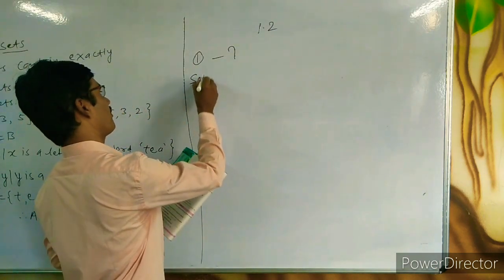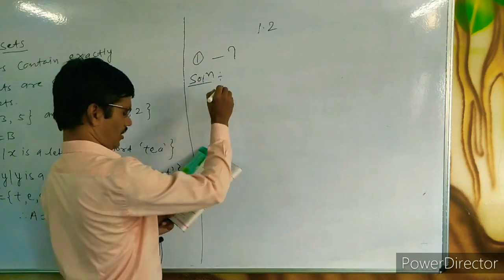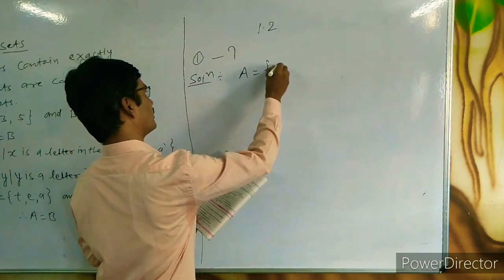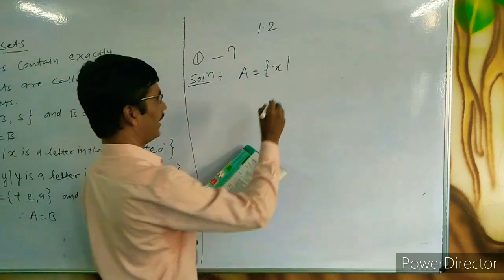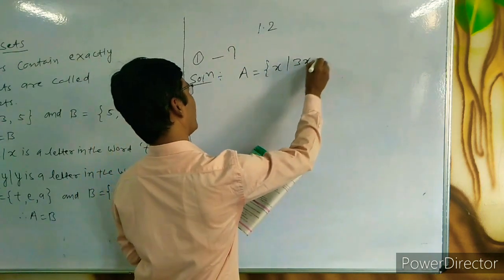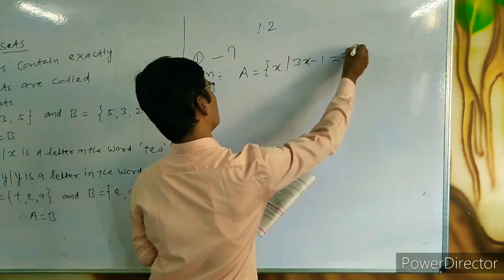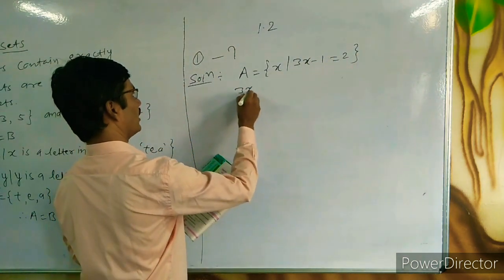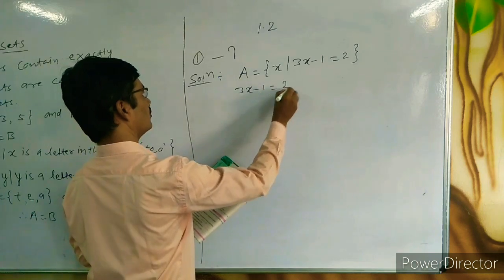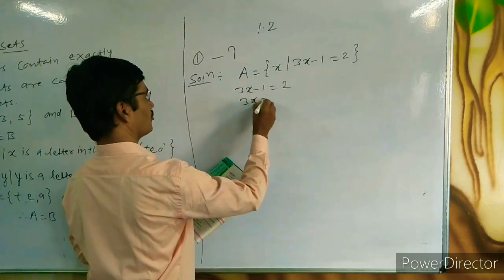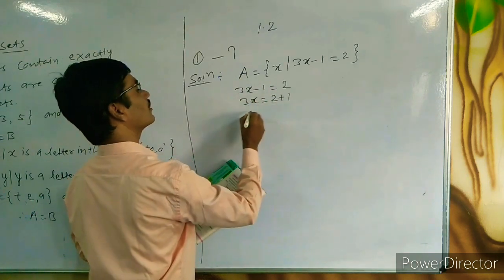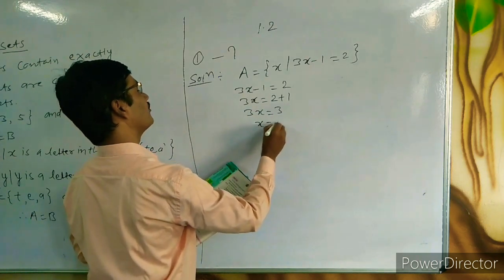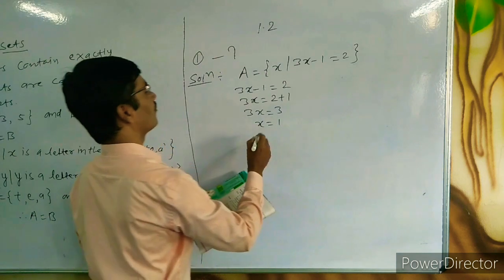Solution. A equal to {x such that 3x minus 1 equal to 2}. Solve the given equation. 3x minus 1 equal to 2, 3x equal to 2 plus 1, 3x equal to 3, x equal to 1.